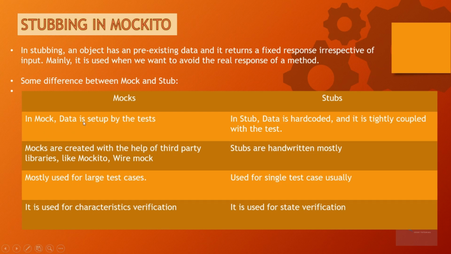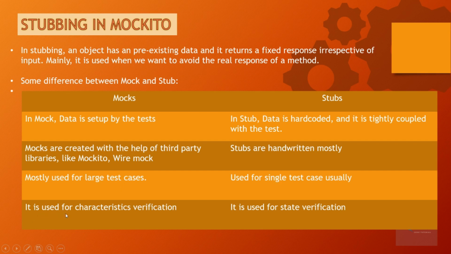In mocks, our data is set up by tests, whereas in a stub, data is hard coded and tightly coupled with the test. Mocks are created with the help of third party libraries like Mockito, WireMock. Stubs are mostly handwritten. Mockito is used for large test cases, whereas a stub is usually used for a single test.